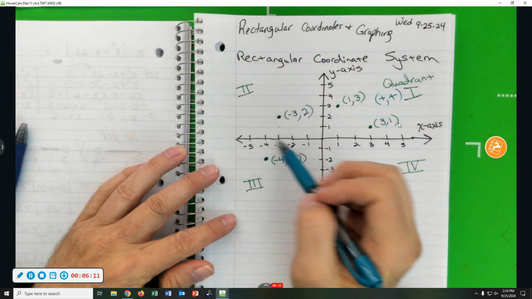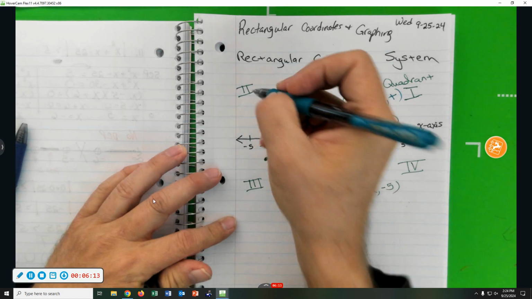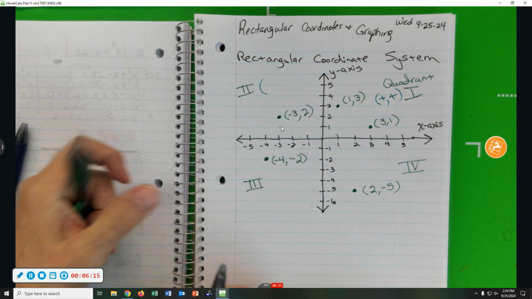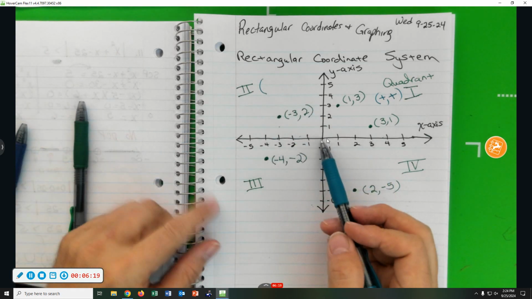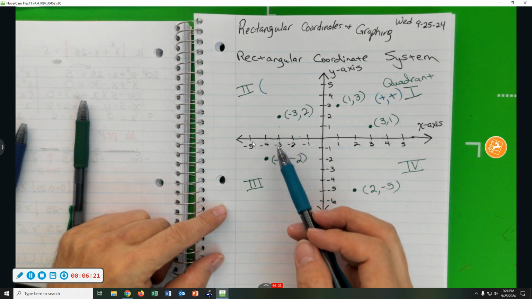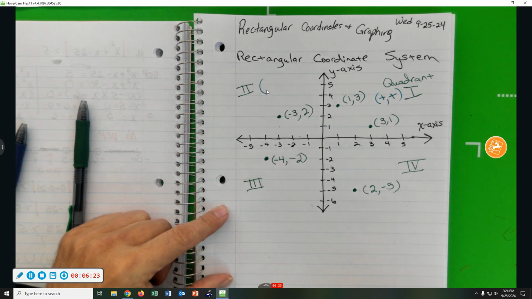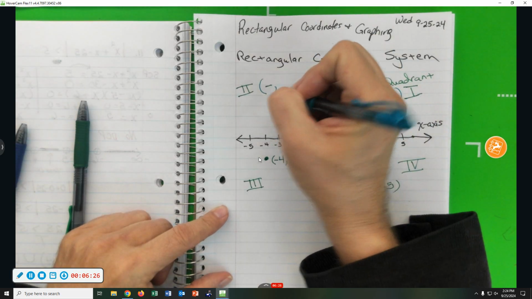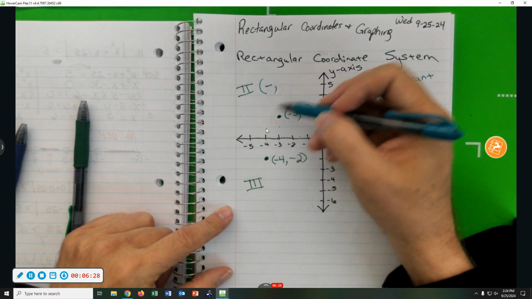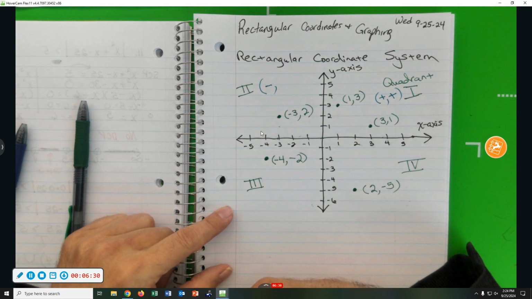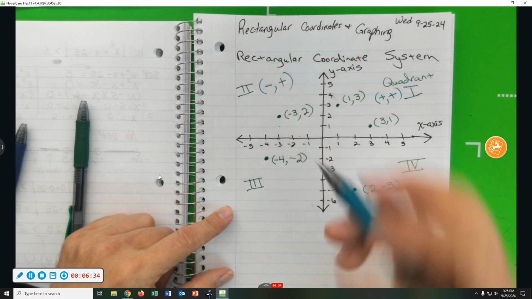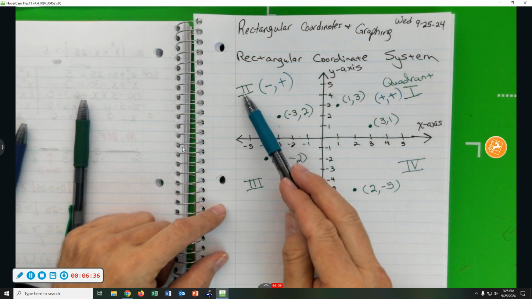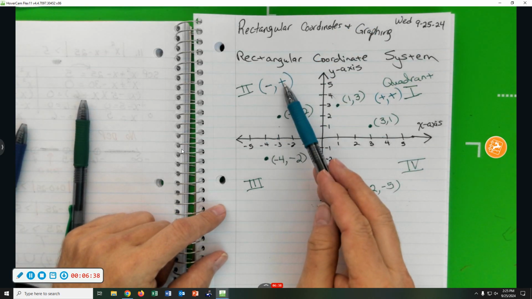What about the ordered pairs out here in quadrant 2? Let's get a generalization involving signs. To get into this quadrant, you have to go to the left. That means the x-coordinate is going to be negative. And then you go up, so the y-coordinate is positive. So you expect ordered pairs in quadrant 2 to be negative and then positive.